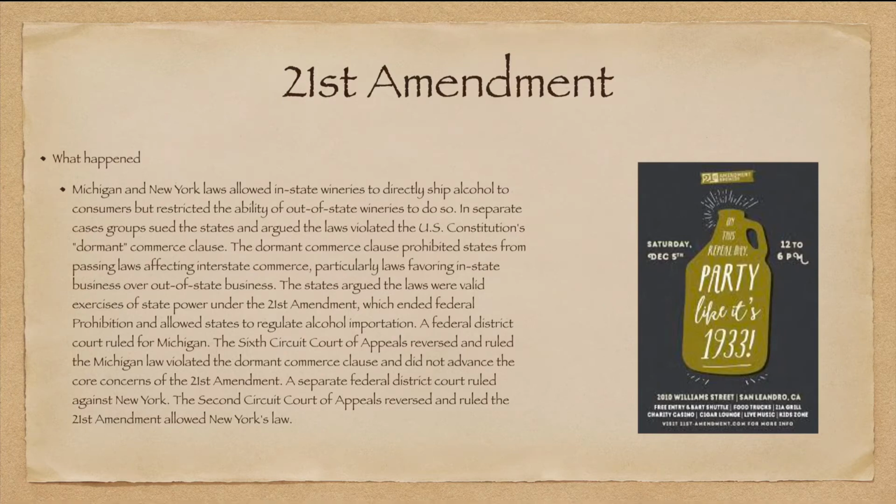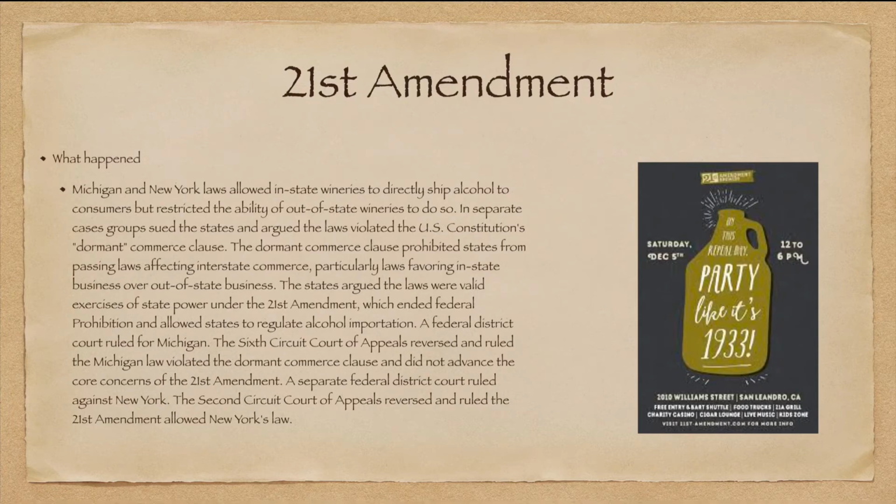The Dormant Commerce Clause prohibits states from passing laws affecting interstate commerce, particularly laws favoring in-state business over out-of-state business. The states argued the laws were valid exercises of state power under the 21st Amendment, which ended federal prohibition and allowed states to regulate alcohol importation.